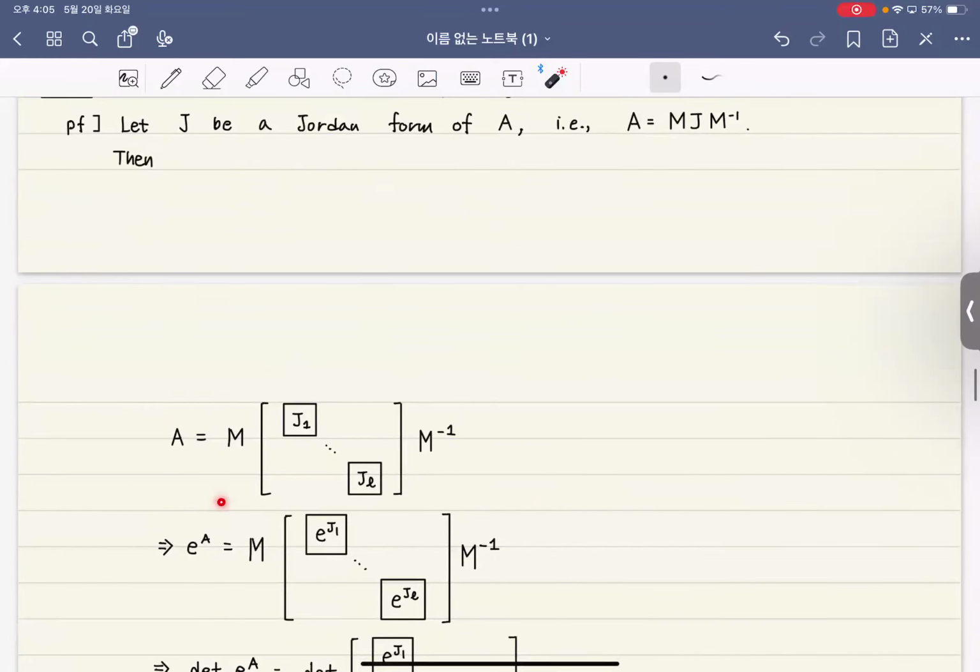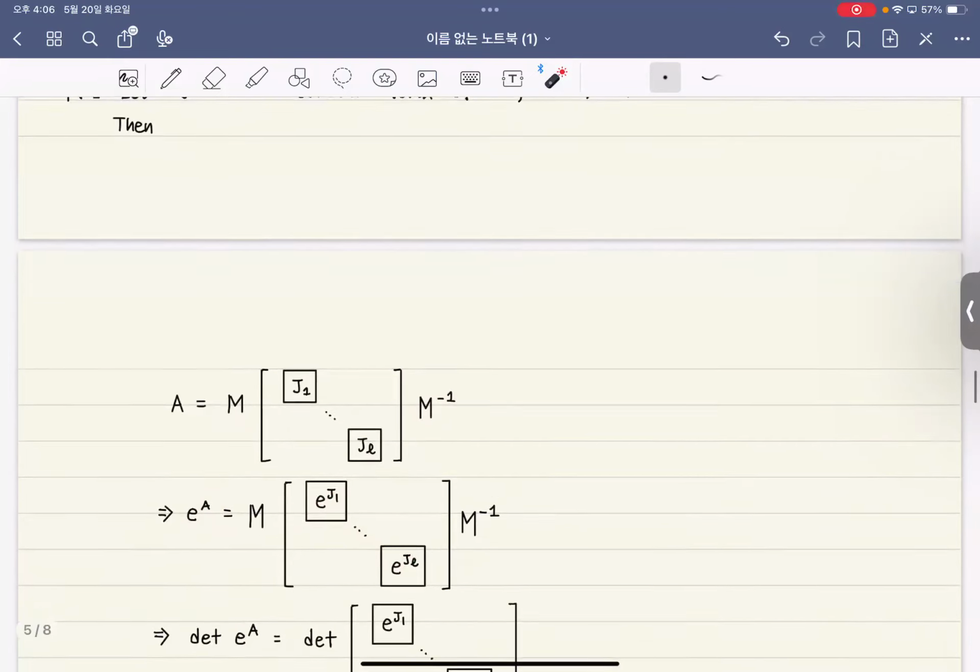In this schematic picture, A is M times this block diagonal matrix times M inverse, and I am trying to take the matrix exponential of this matrix. Taking the matrix exponential, it's going to be M times e^{J1}, ..., e^{JL} times M inverse. These are going to be the block diagonals of this middle matrix.